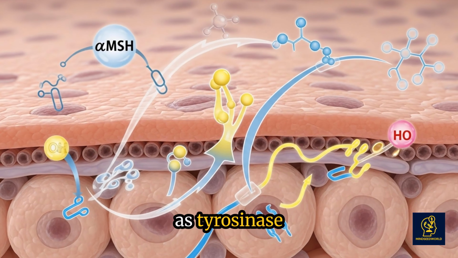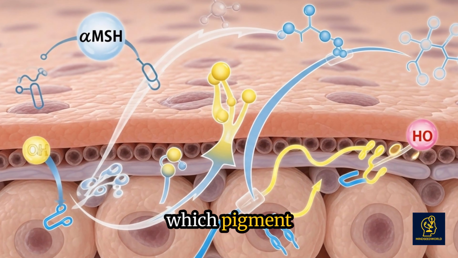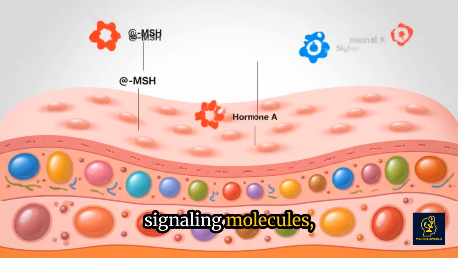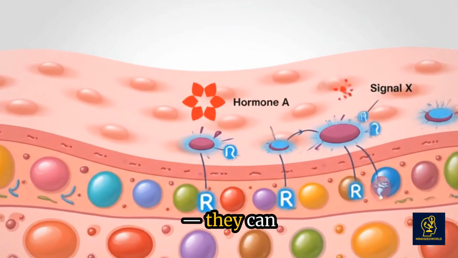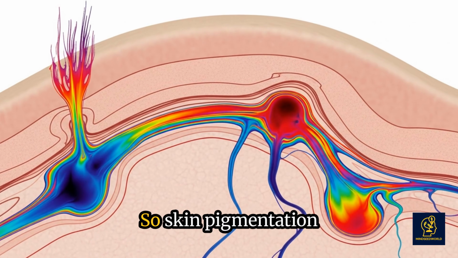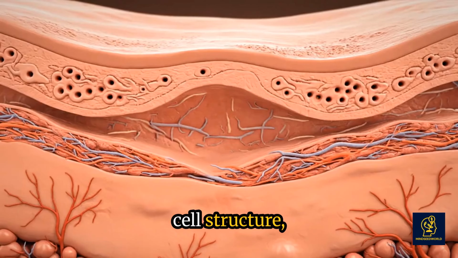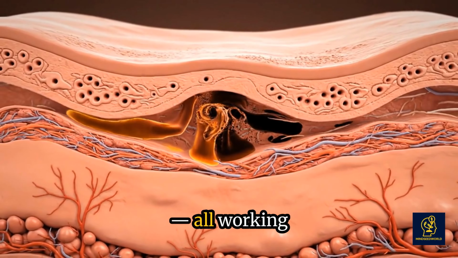Enzymes such as tyrosinase and regulators like α-MSH guide which pigment is produced. Hormones, signaling molecules, and environmental cues regulate pigment production. They can upregulate or downregulate melanogenesis. So skin pigmentation arises from a complex network: cell structure, pigment synthesis, molecular regulation, all working together.